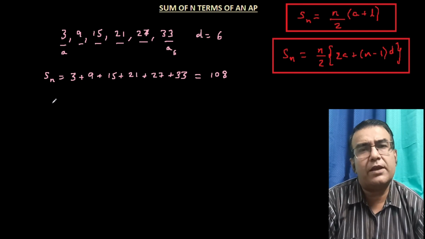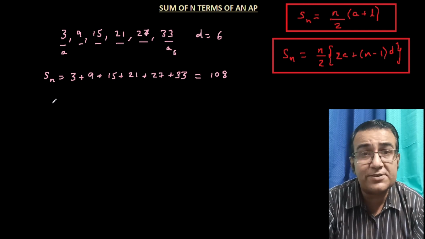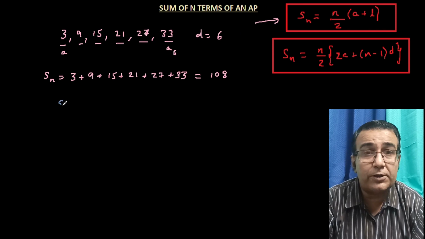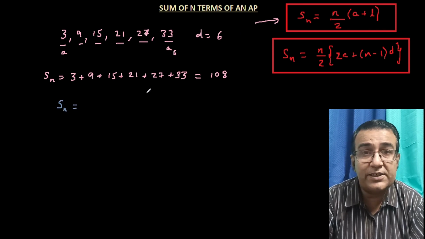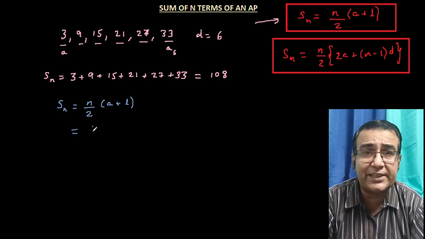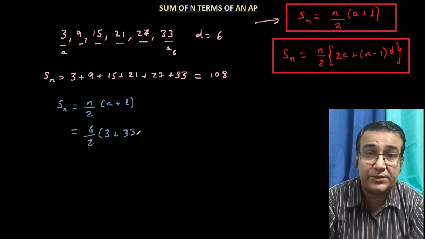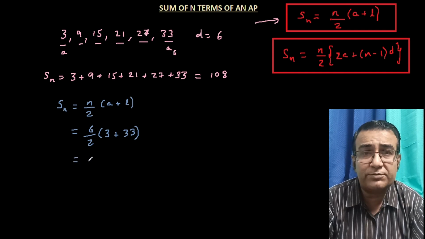Now what would we get if we used the formula to find the sum of n terms? Let's use the first formula first. Sn is equal to n over 2 times a plus L. Since there are 6 terms, Sn is 6 over 2 times a, the first term, which is 3, plus the last term, which is 33. 6 over 2 gives us 3, and 3 plus 33 gives us 36.